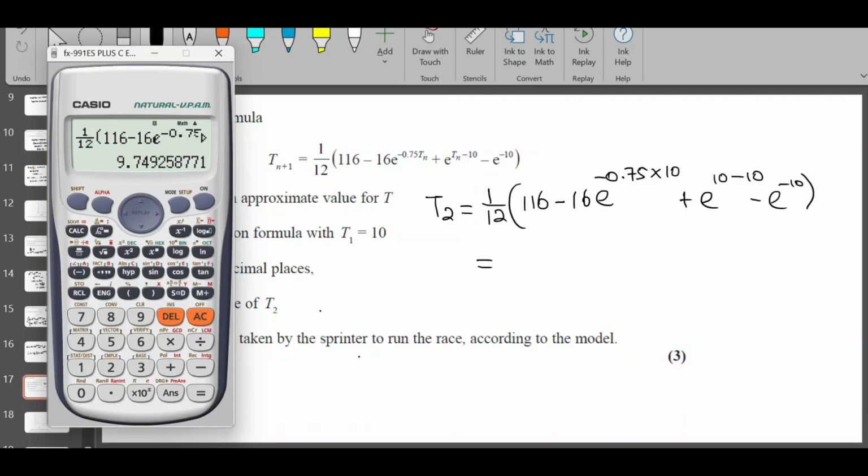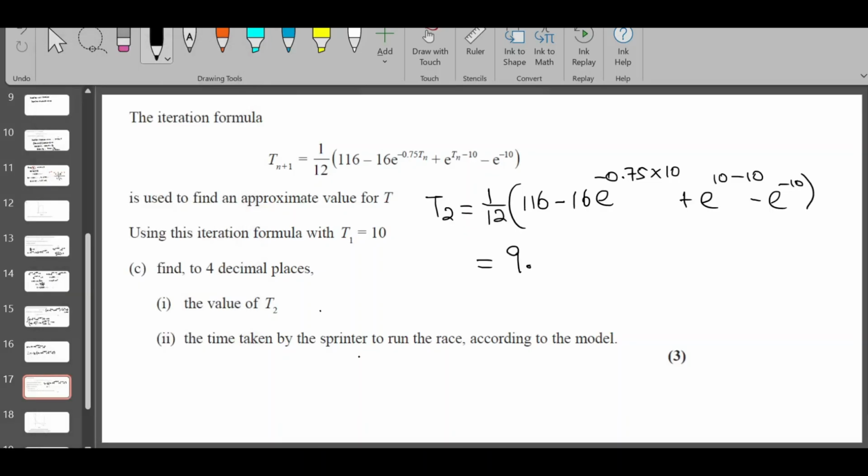They want the answer to 4 decimal places: 9.7493. That's one answer for part i.